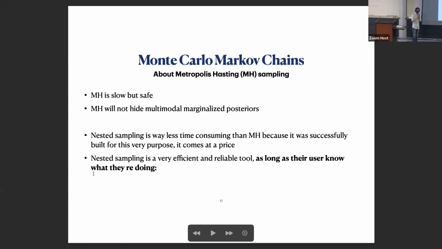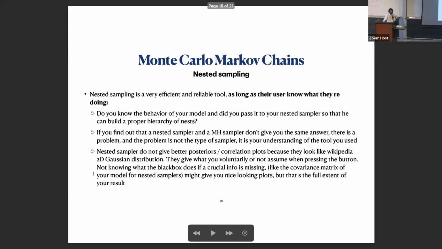It doesn't mean that they're wrong. It doesn't mean that you should not use them. It means that you should use them knowing what they do and in what context they are not biased. And the problem is, most of the time, people don't.